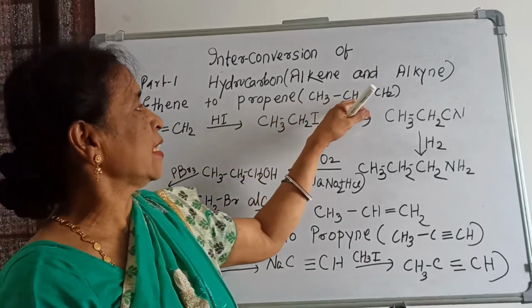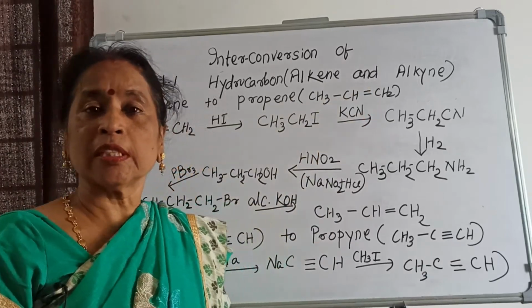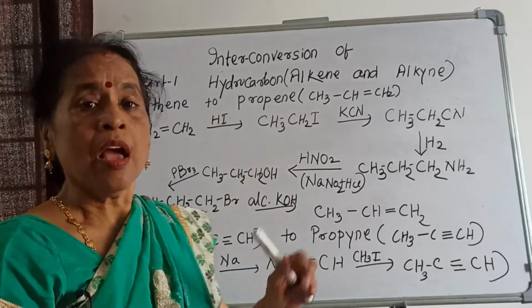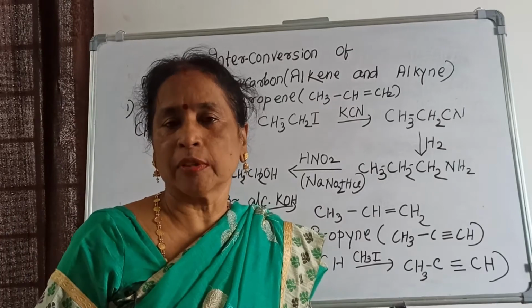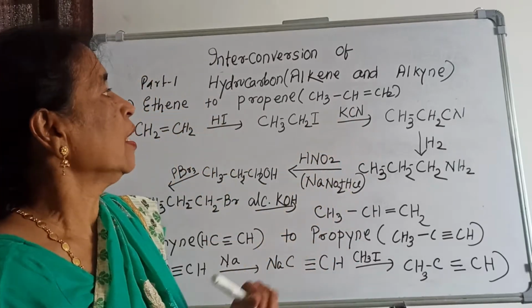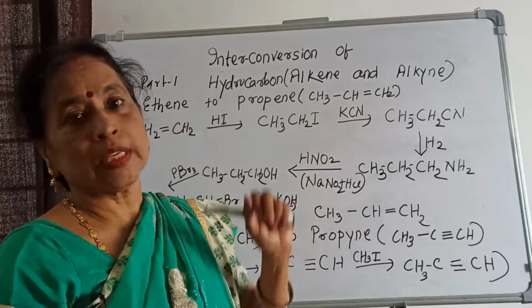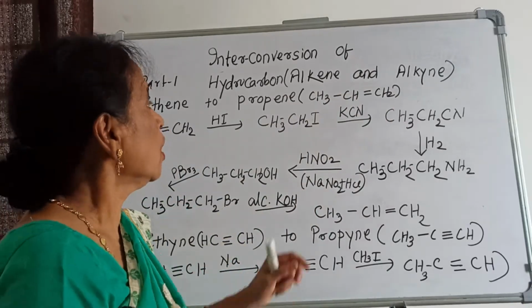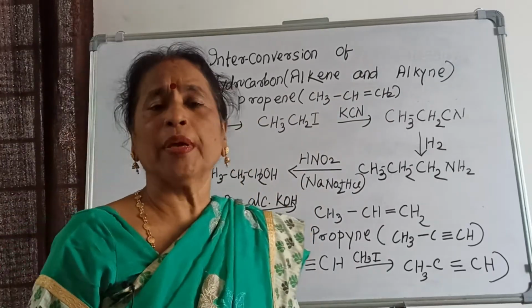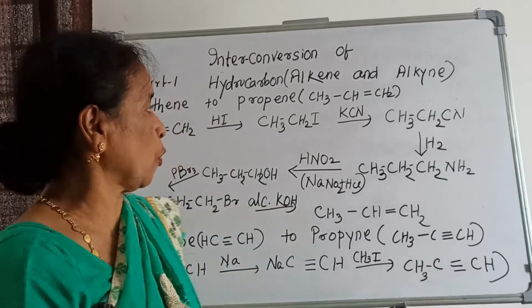Propene, CH3-CH=CH2, is the structural formula, where it contains 3 carbons and 1 double bond. That position is 1, 2, 3. After 1 there is a double bond, so you can say 1-propene or simply propene.